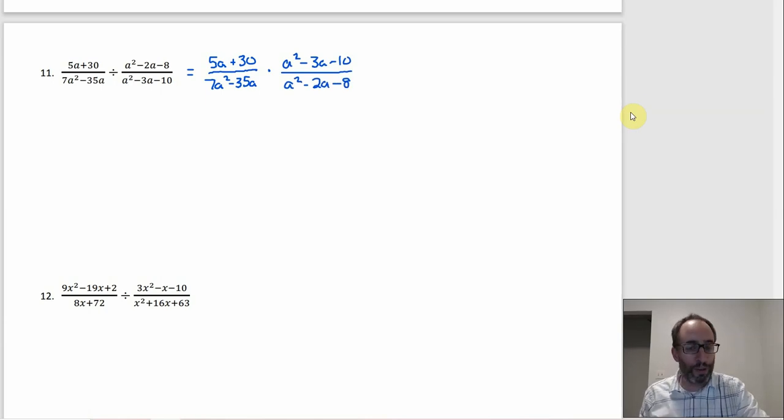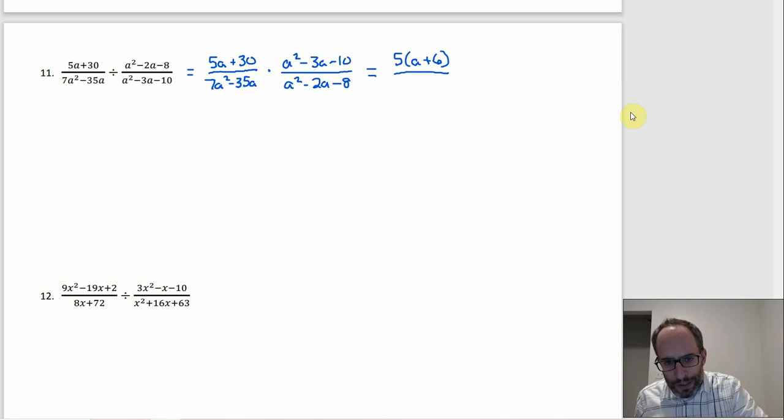All right, factor whatever we can factor. First numerator has got a common factor of 5. We'll get that out. So we'll have 5 times a plus 6. First denominator, looks like we would factor out a 7a, right? 7 and 35, both of those are divisible by 7, but then there's at least an a in each term.